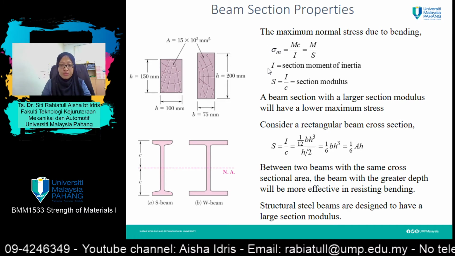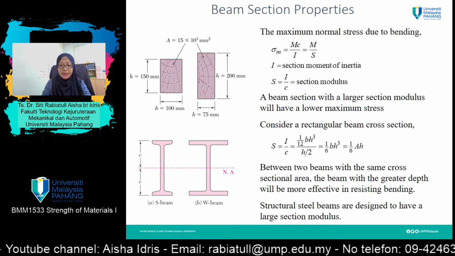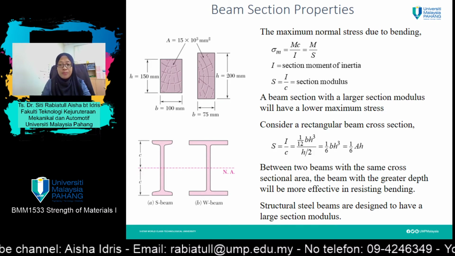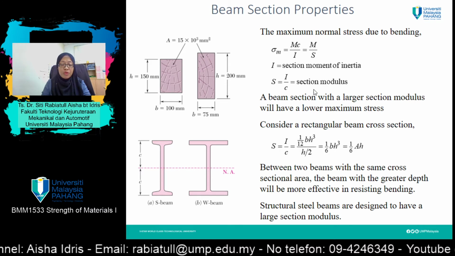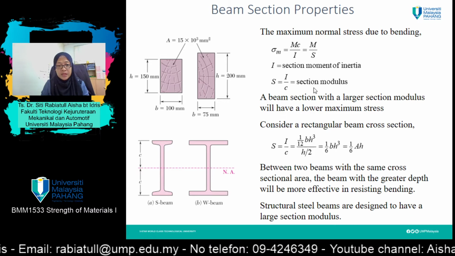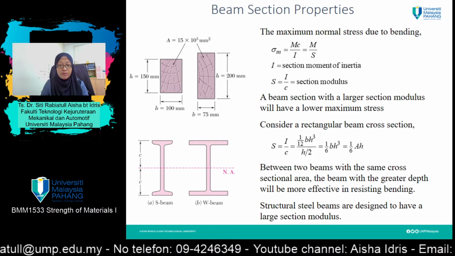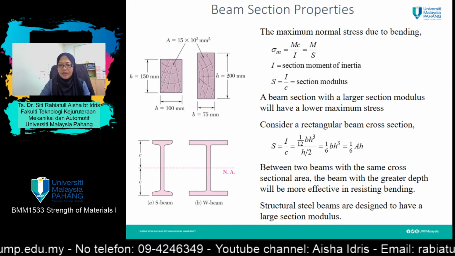So in order to get a higher strength of beam, you will need to design the beam with a larger section modulus, so that it will help the component to hold a higher maximum stress.